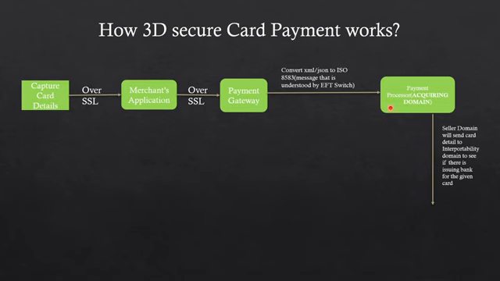So here the acquiring domain will send the card detail to the interoperability domain. So what is the interoperability domain? On the card association side, we have an interoperability domain, which is nothing but a set of directories. It will check whether an issuing bank actually exists for the given transaction or not.